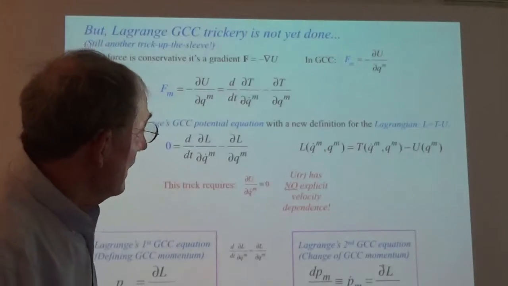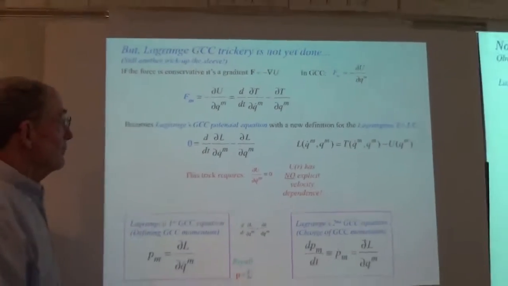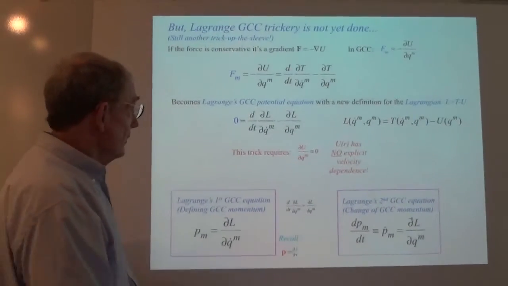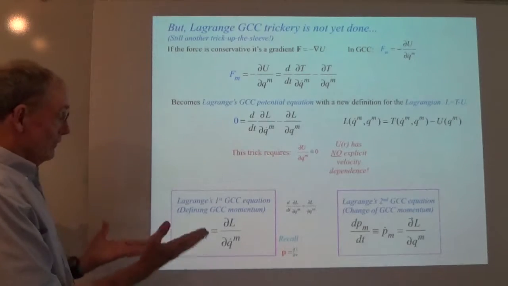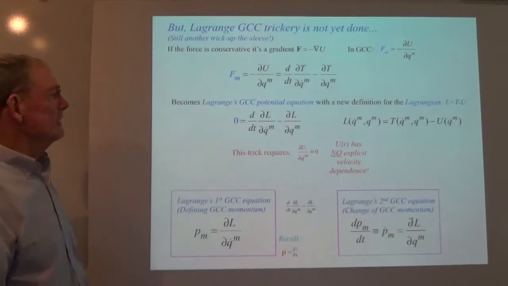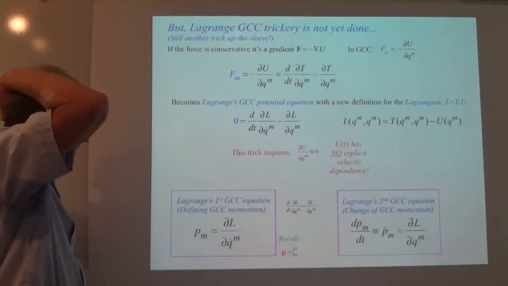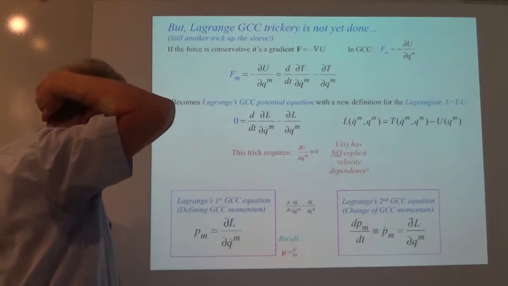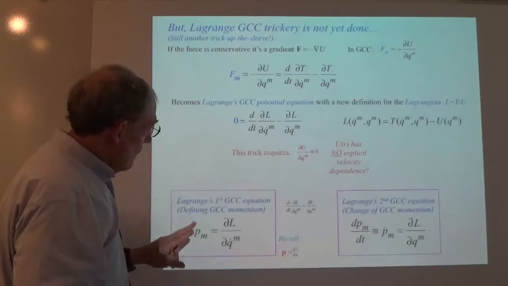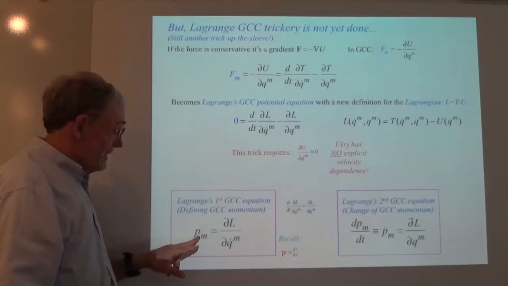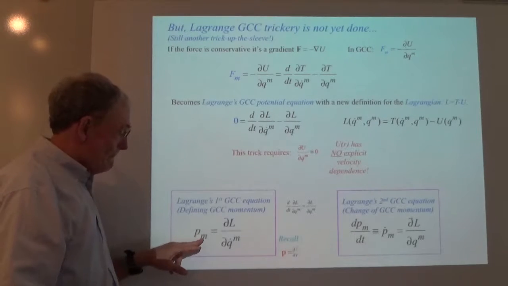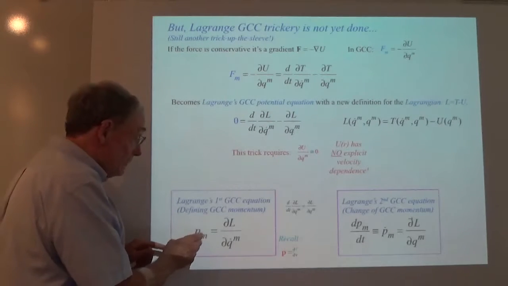And once we've done that, then we get some really beautiful relations. These are the way I like to write these equations. This is what you usually see in the textbooks, but this is what we're really dealing with here. The momentum, this is our first equation, P sub m, and m is covariant.